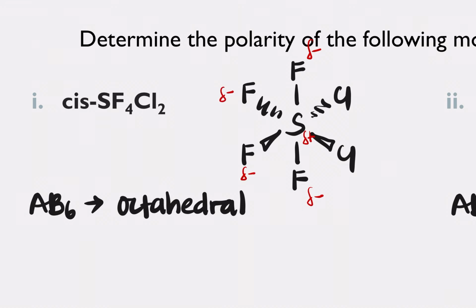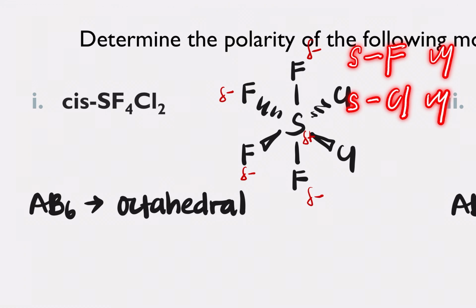Okay, chlorine pun is more electronegative compared to sulfur. However, the bonds SF and SCl will have difference in electronegativity, will have different values, different magnitudes for their dipole moment.